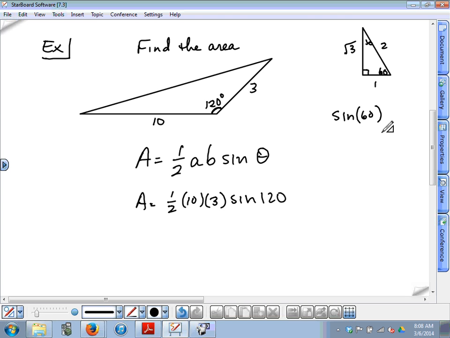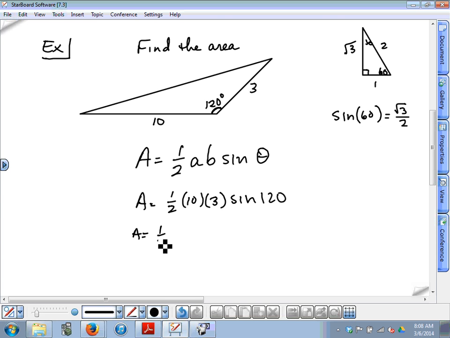So the sine of 60 is the square root of 3 over 2. Now, we have used reference angles here, so sometimes the answer has to become negative. 120 is in the second quadrant. It's good, because in the second quadrant, sine is positive. All students take calculus.